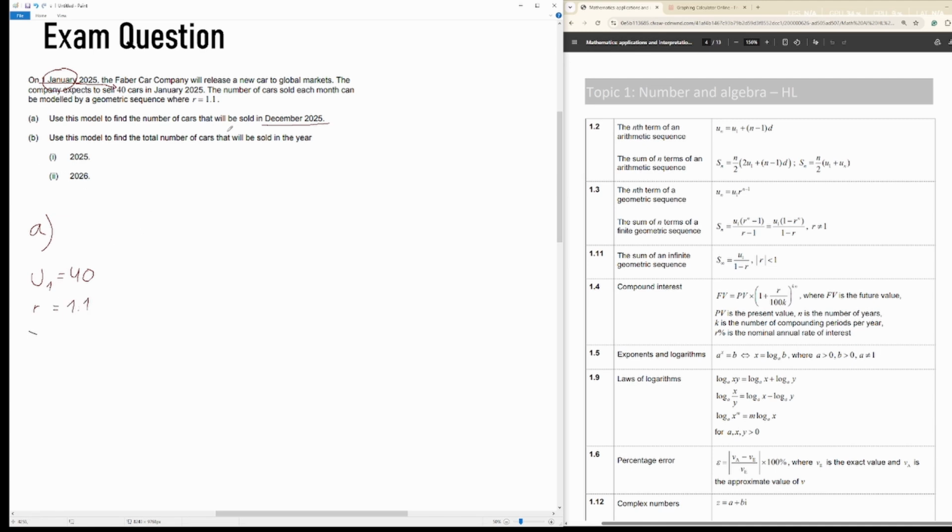The question states that we have to find how many cars will be sold in December 2025. It asks for the last month, and we all know that December is the 12th month. So n equals 12. And then we can construct our formula: u12 equals 40 times 1.1 to the power of 12 minus 1, straight from the formula.